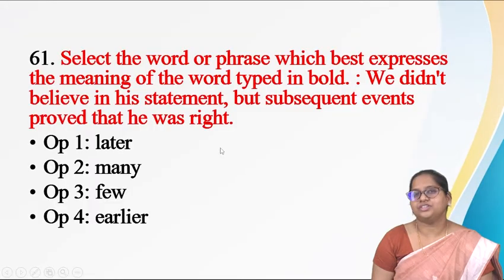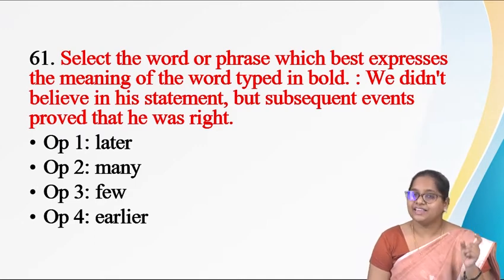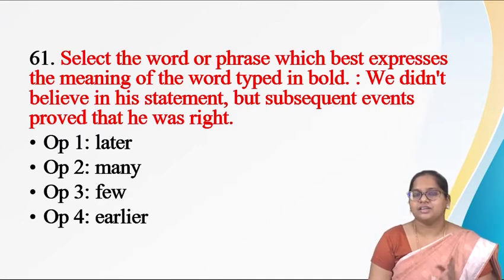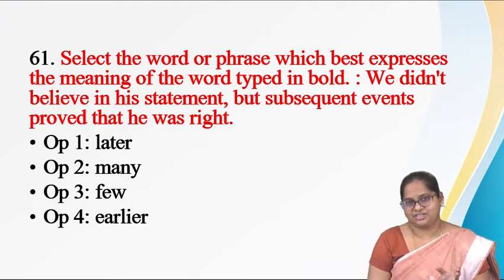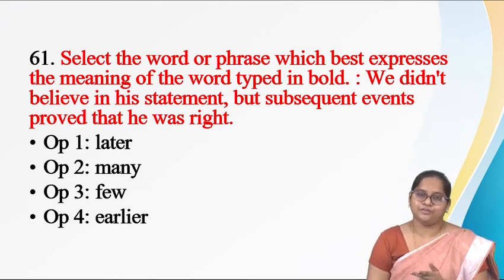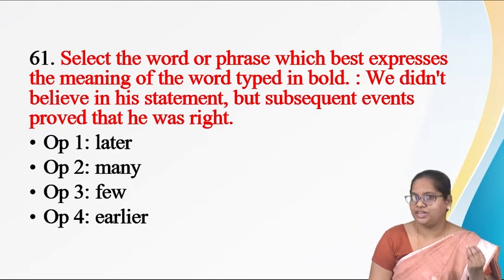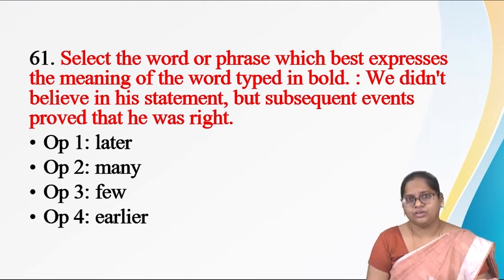So the question number is 61. What is this question about? We read the question and then try to figure out the answer. Sometimes there won't be bolded words, even though the question states it. They say to find the suitable word for the bold word in the sentence, but actually bolded words are not given.